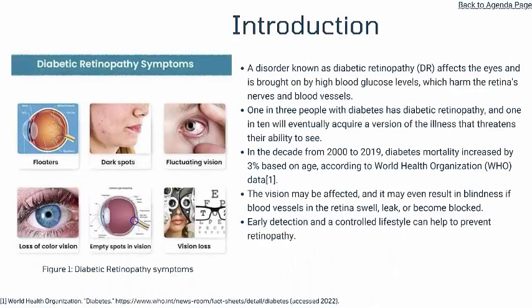As an introduction, a disorder known as diabetic retinopathy, DR, as I'm going to refer to it in this presentation, affects the eyes and is brought on by high blood glucose level, which harms the retina's nerves and blood vessels.